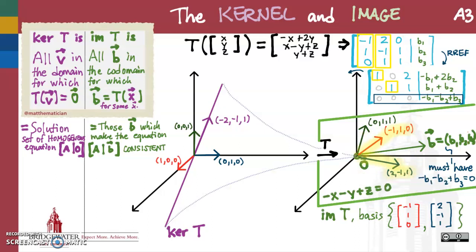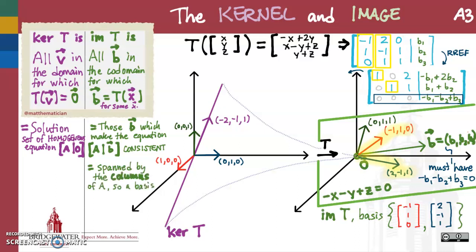Because after all, linearity tells me that if I know where each of the 3 basis vectors from my domain land, then the set of linear combinations of those images are going to be where everything lands. In other words, once I know where these 3 vectors go, any other vector from my domain is just going to go to a linear combination of those 3 images. So these columns of our matrix form a spanning set for the image.